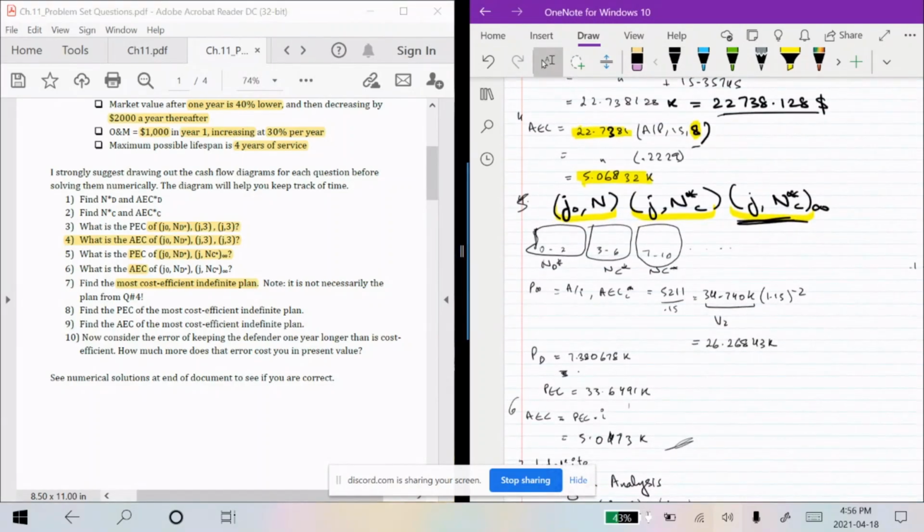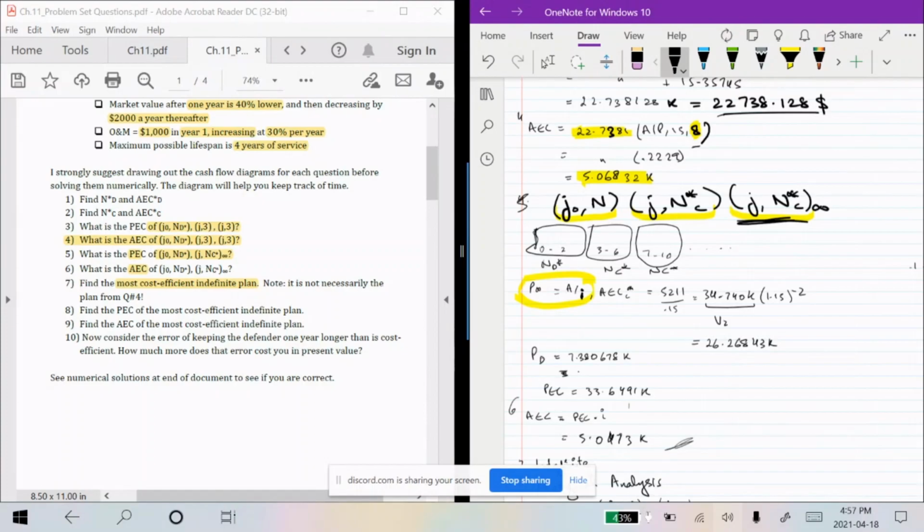Right? So to do this, use this formula that we used in the previous chapter again. The present worth of an infinite series is equal to AEC divided by I, right? You know that the Challenger is being used infinitely.